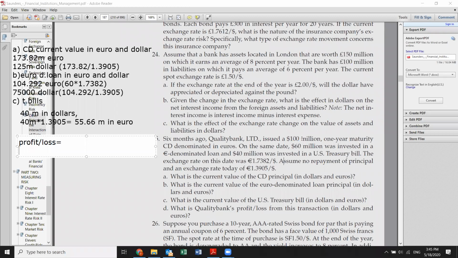That means you have to convert this 100 million to euros, and while you convert it, your euro is appreciated. But when it's appreciated, when you pay your certificate of deposit back, you have to pay in dollars.